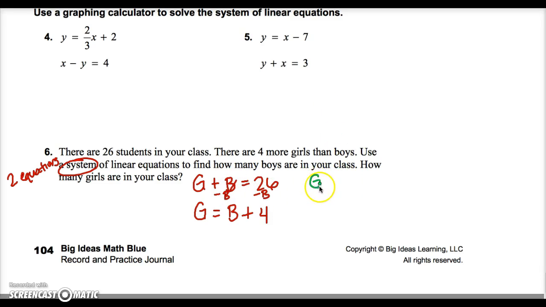So you get girls equal negative B plus 26. This one stays what it was. Okay, but then this is like your y equals mx plus b form.